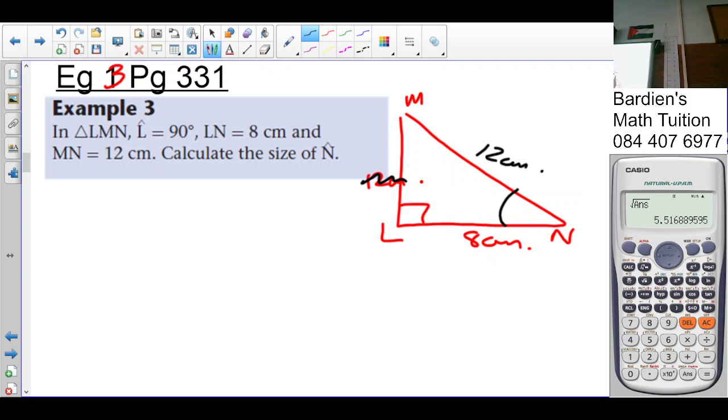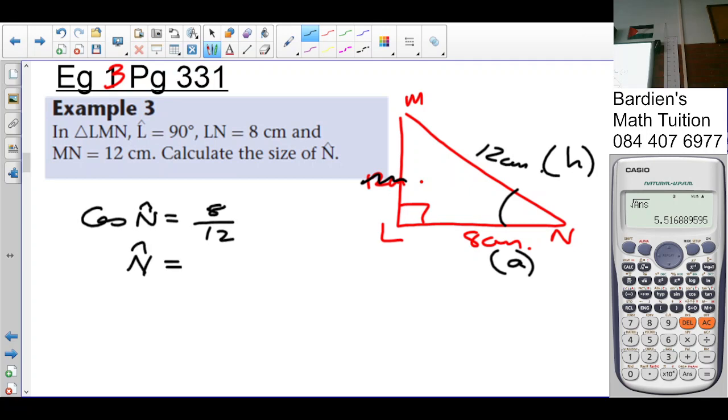So this side is your hypotenuse, and this here is the adjacent. So which trigonometric function is that? Cos. So we say cos of angle N equals adjacent, which is 8, over hypotenuse, which is 12. So how do I get the angle out? Shift cos, not so?